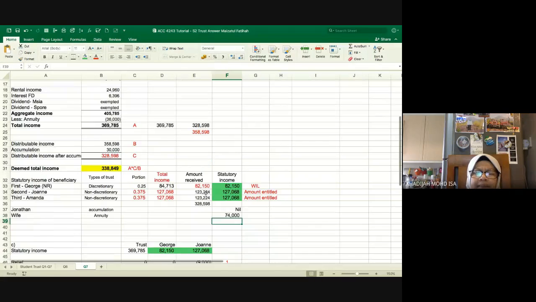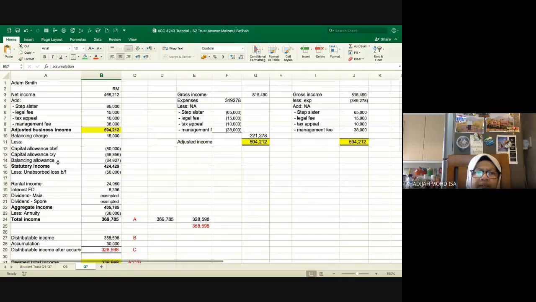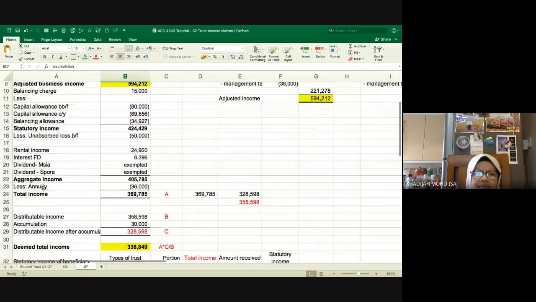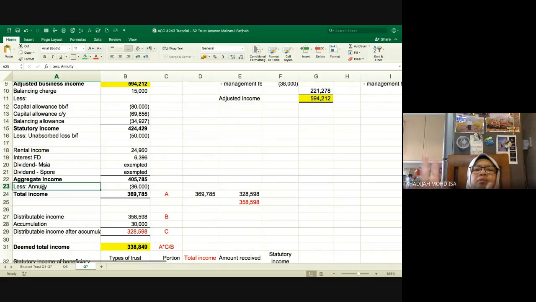Once more? For the annuity accumulated, is it deducted after the statutory income or after the distributable income? Annuity is always after your aggregate income. Is that your answer? For annuity accumulated, is this different? It can't. They are two different things. Annuity, accumulation.